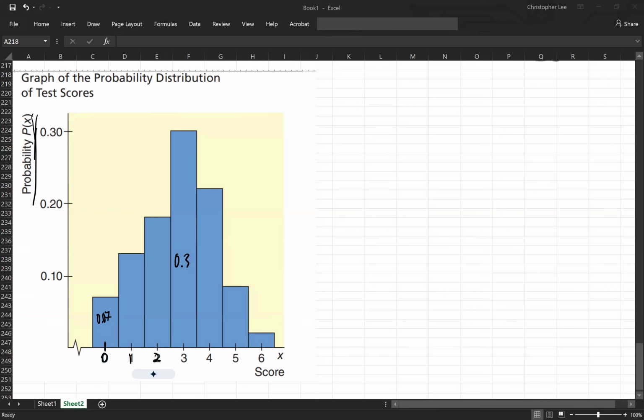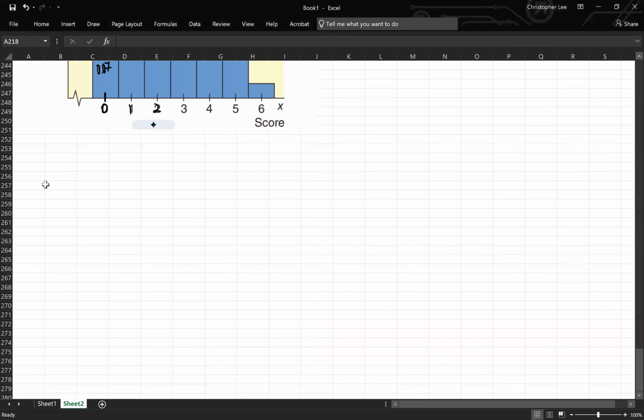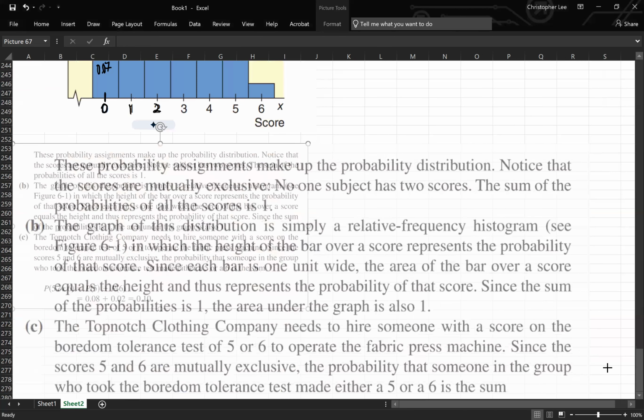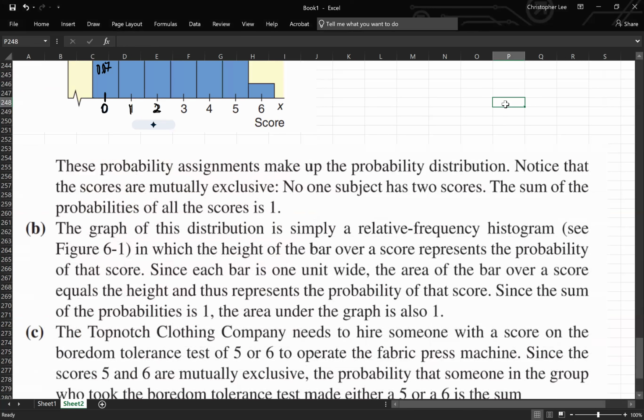Let's talk some more about this. So these probability assignments make up the probability distribution. Notice that the scores are mutually exclusive. No one subject has two scores. So you can't be super bored and semi-bored at the same time.